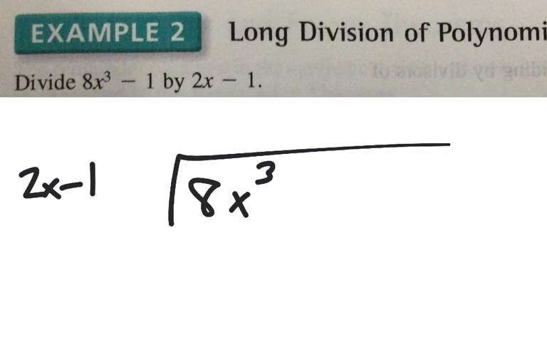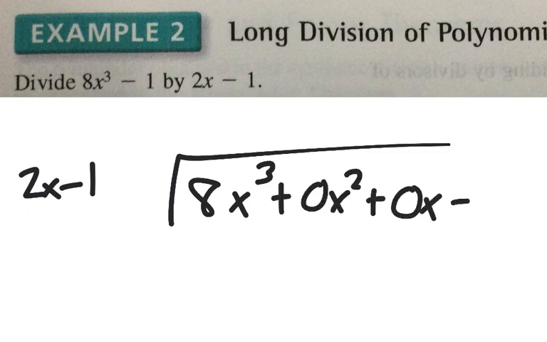There's no x squared term. There's no x to the first term. So in order to make the division work nicely, I'm going to add placeholders: 0x squared, 0x, and then minus 1 at the end. That allows me to help keep place of where I'm at as I do the problem.